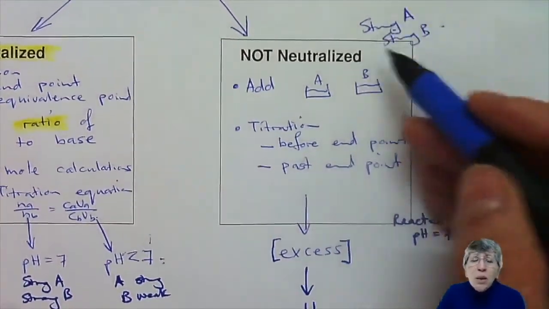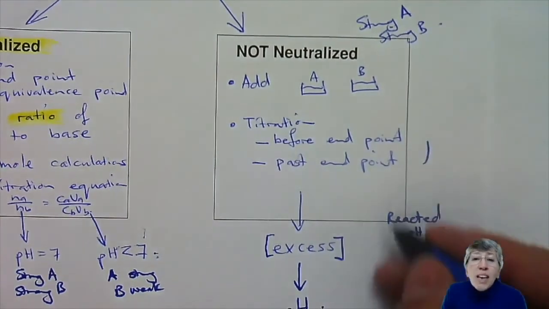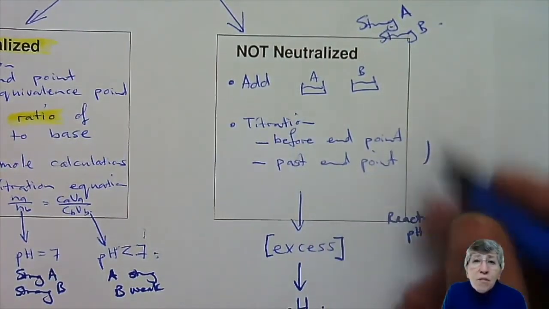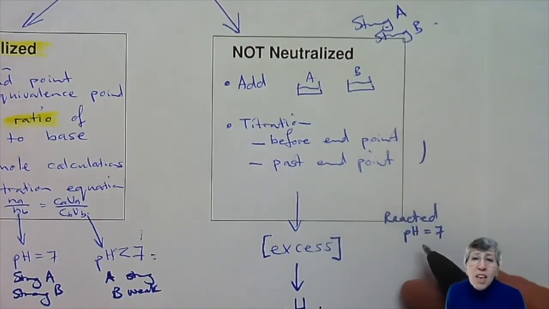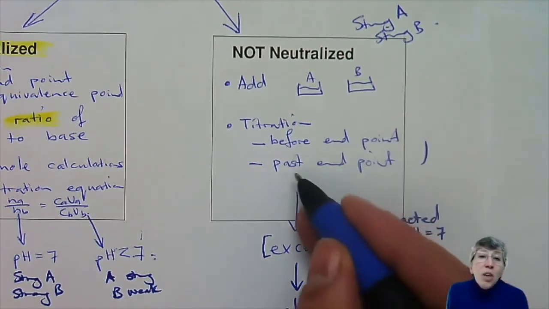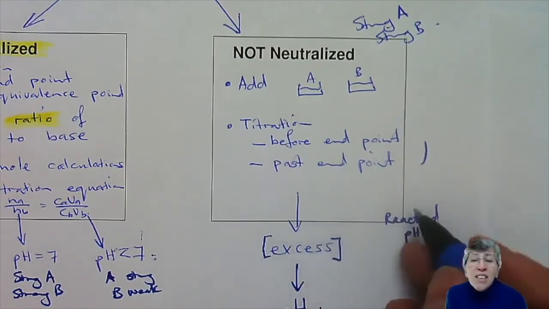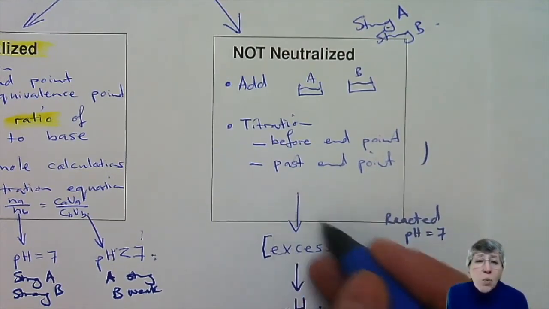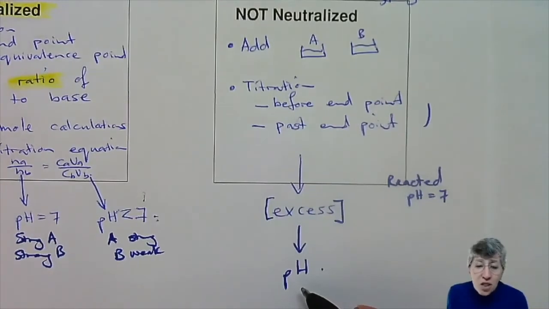And then all the acid and base that reacted, we can ignore because if they're strong and strong, they end with a pH 7. We can ignore them and only say, okay, I need to know what did not react. What is lying around there that did not react? And what is in excess, that will determine my pH, right?